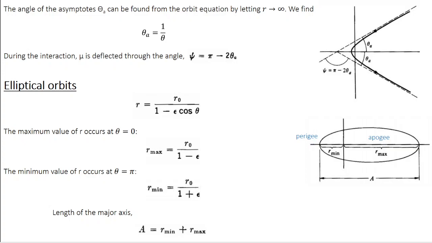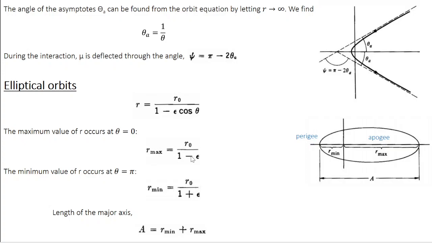Let's do the similar exercise in the case of elliptical orbit. Remember, elliptical orbit corresponds to eccentricity E less than 1 or total energy E less than 0. So once again, let's start from the general equation R equal to R naught divided by 1 minus E cos theta. You can see the maximum value of R occurs at theta equal to 0, where cos theta becomes 1.